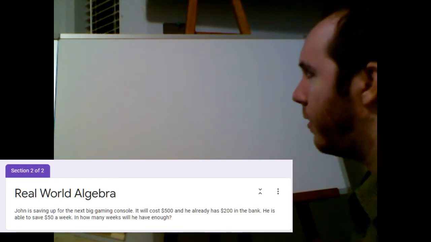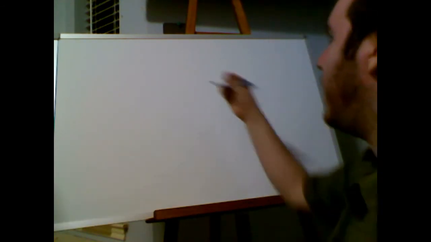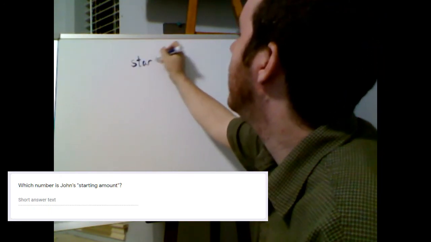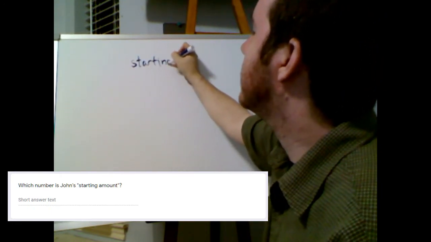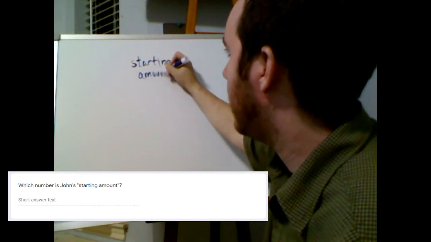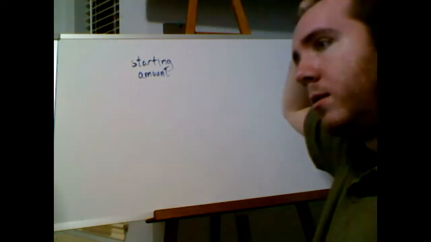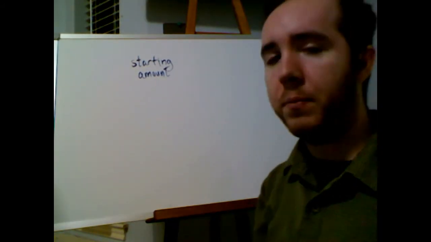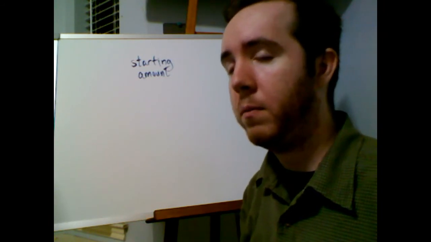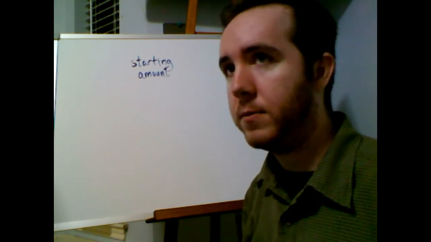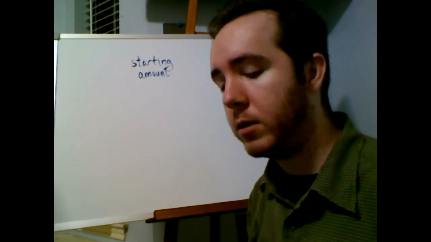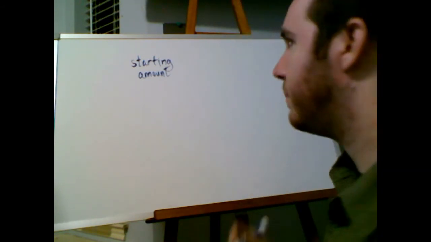So the first question asks, what is his starting amount? And starting amount isn't some fancy official math term, but it's what I think you can follow. A starting amount is the amount that he starts with, which in this case is, that's right, the $200 he already has in the bank.